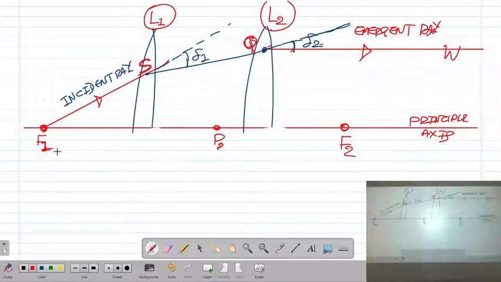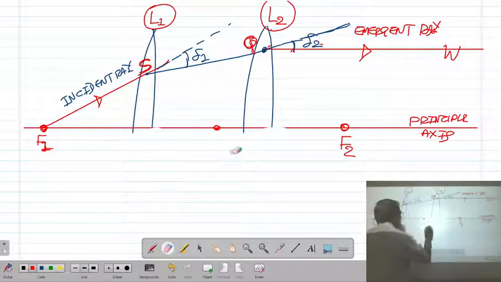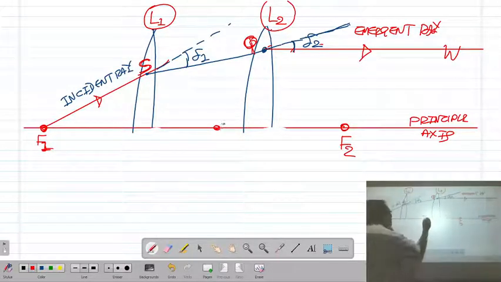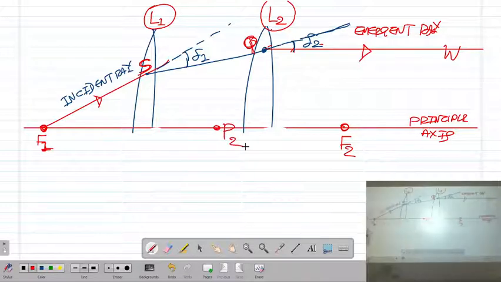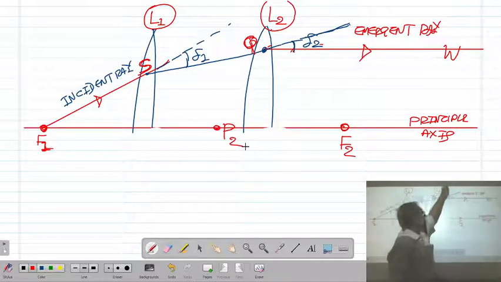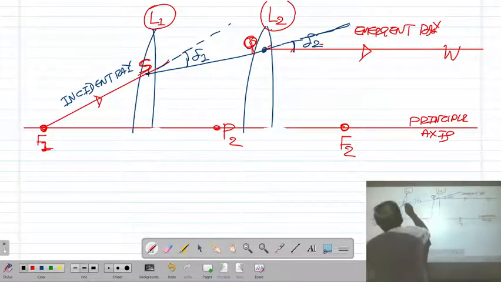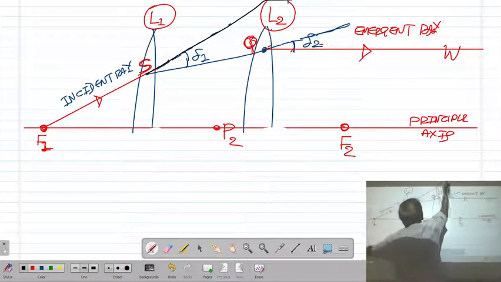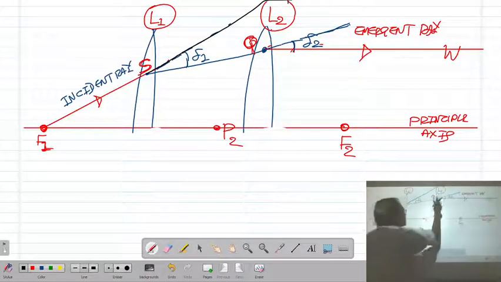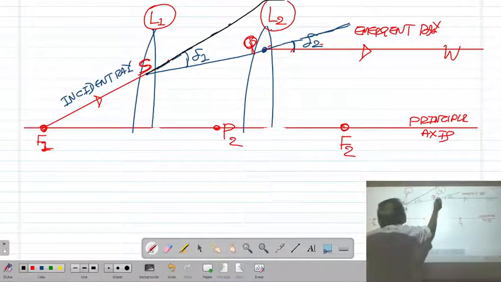Okay, now we do the same thing that we have done in the case of the second principal point P2. We extend the incident ray in the forward direction and the emergent ray QW in the backward direction.